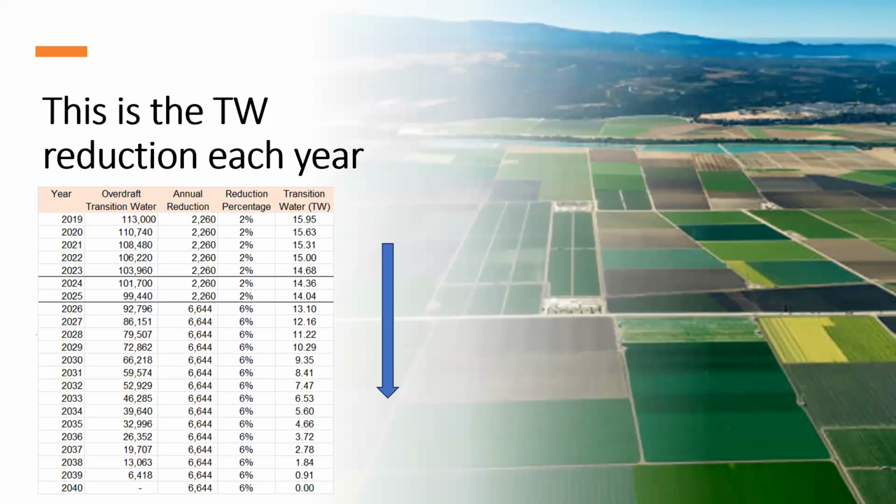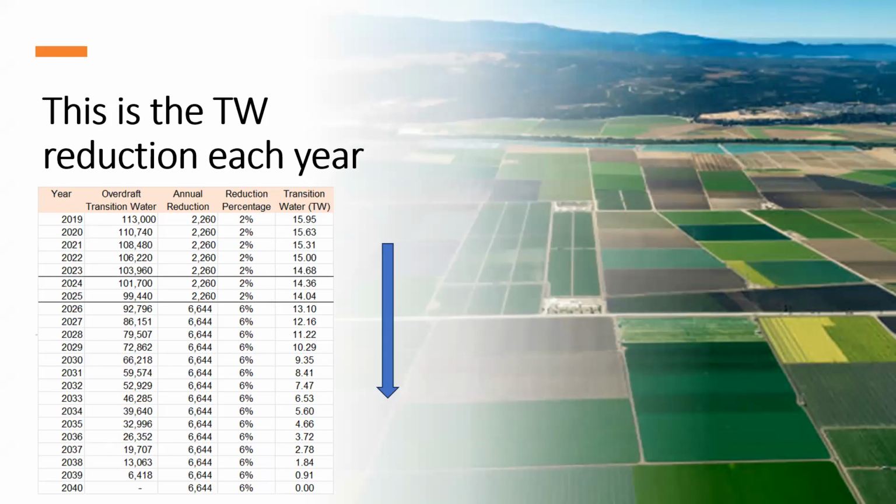So you started out with 15 acre inches on that first 2%, and then it continued to drop of how many acre inches you had available. And right now in 2023, you had 14.68 acre inches in that transitional yield.